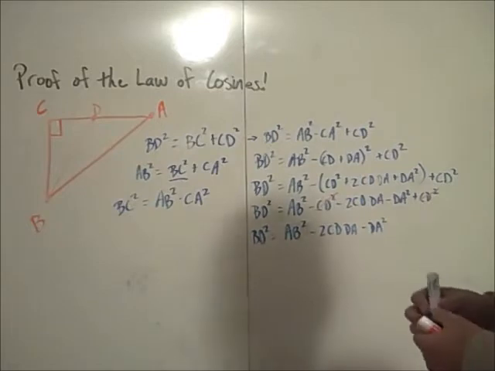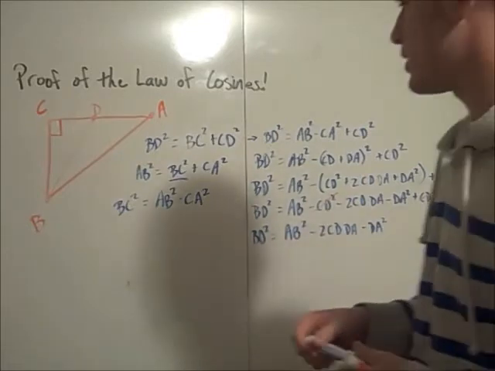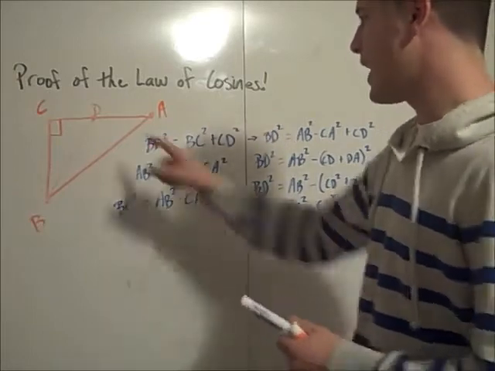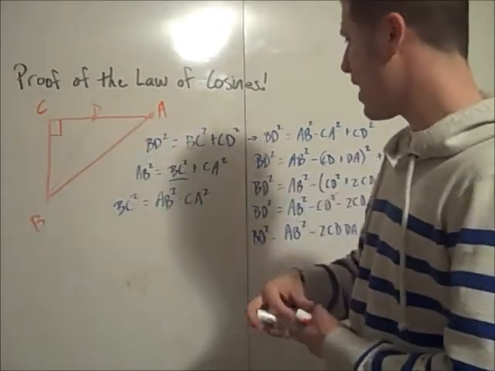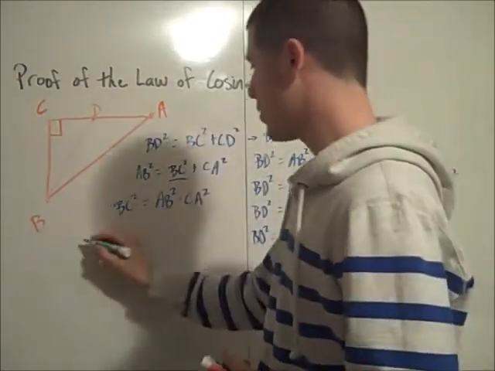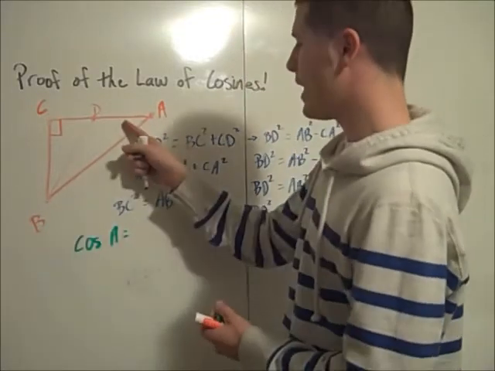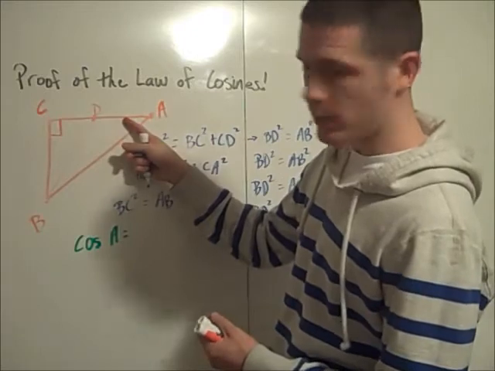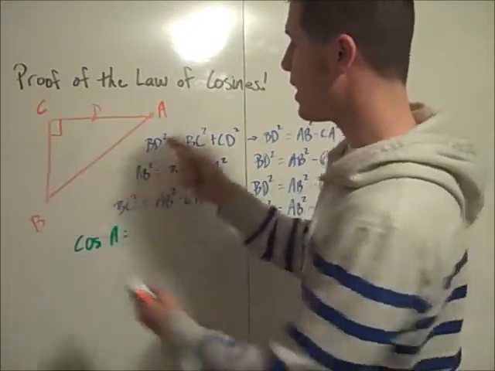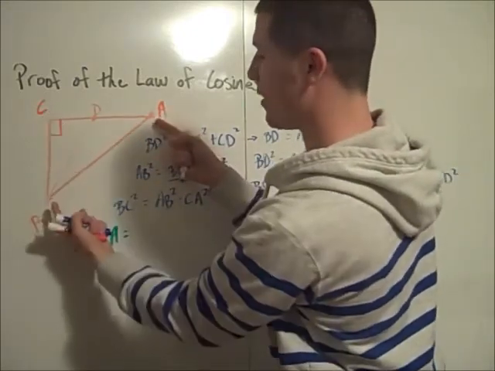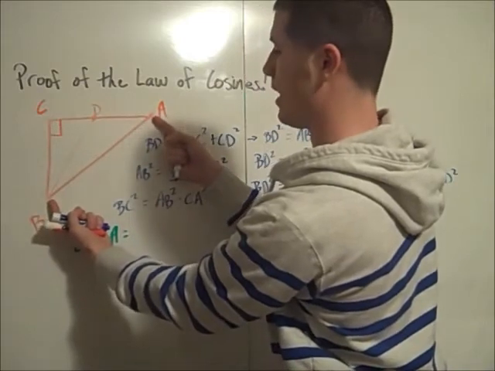Okay, we're going to have to make another substitution, but to make that substitution, we need to recognize that the cosine of angle A is the adjacent over the hypotenuse for the right triangle ABC. It's going to be CA over AB.